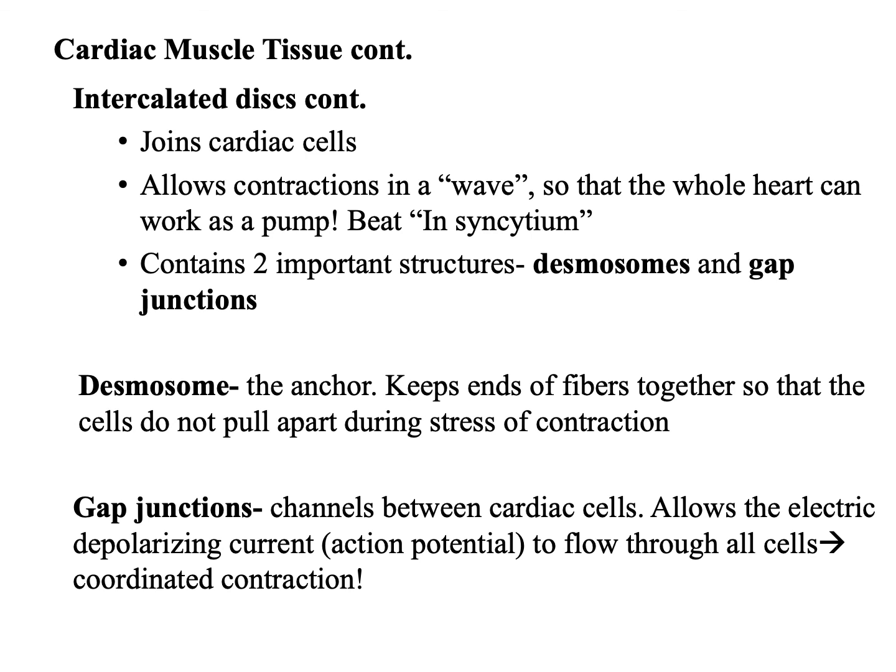We need that zap to get through every muscle cell as quick as possible so that that heart squeezes and relaxes as one. That's called in sync or in succession. We need that entire tissue to go lub-dub. Contract, relax. Contract, relax.